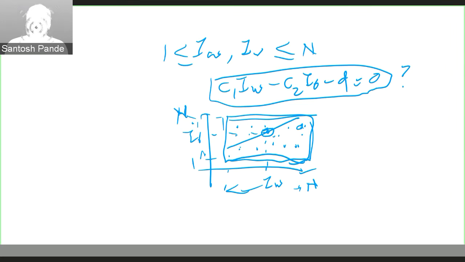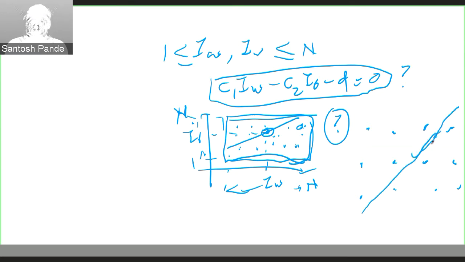The question is, within this, does this line intersect some specific values of IR and IW which satisfy the line's equation, as well as these constraints? And whether this grid point exists or not, that is the question. Could be that this line, and I'm drawing this separately here, so these are maybe these grids, right? Like that. And it may be that this line just manages to bypass all of them.